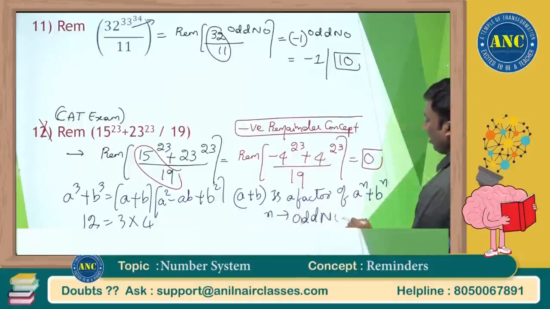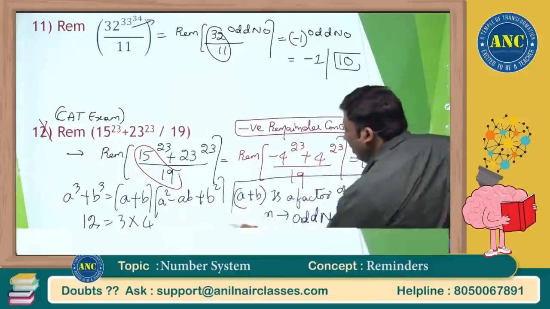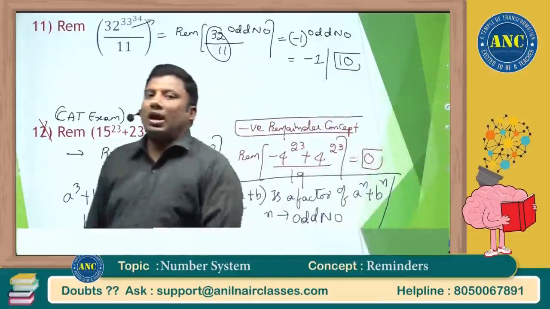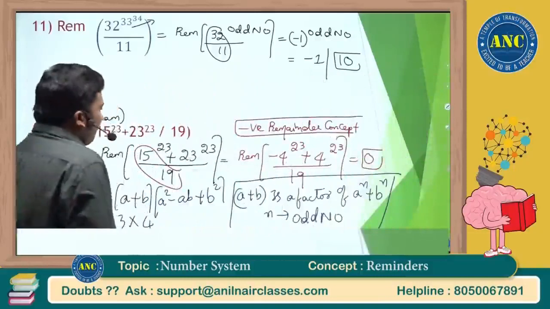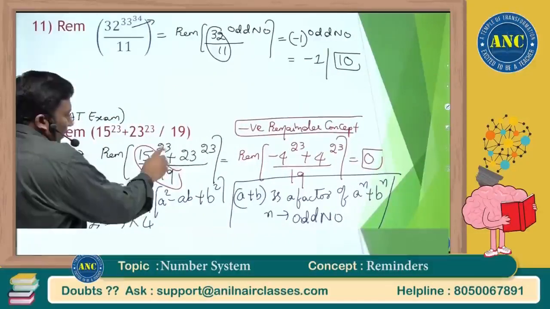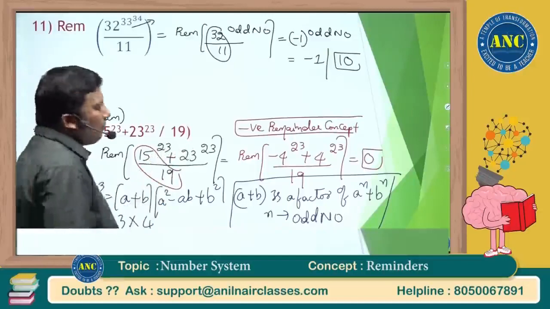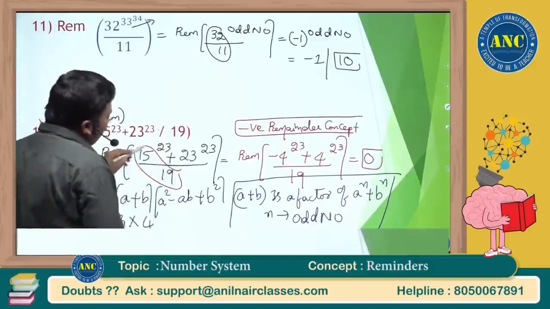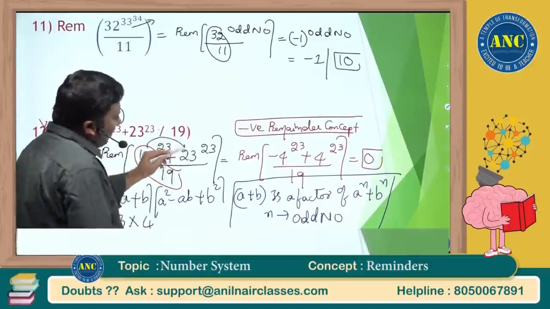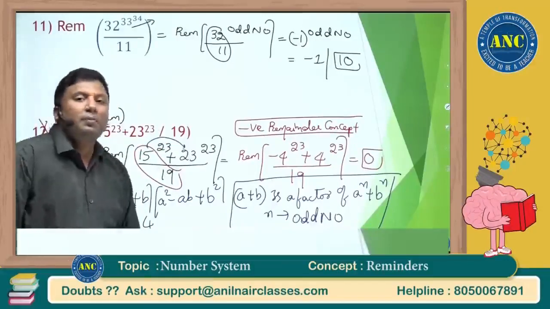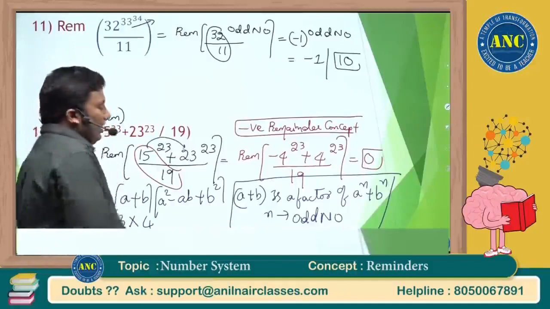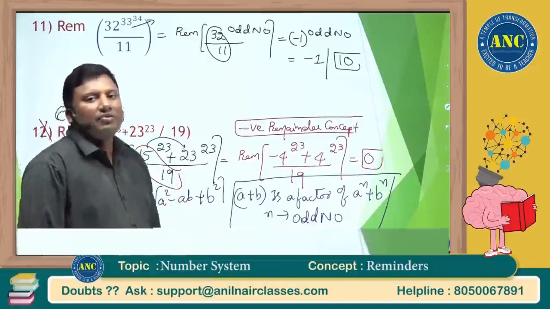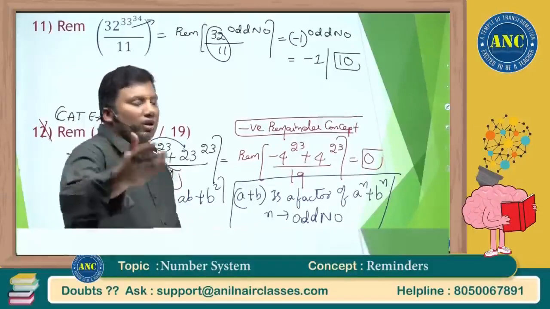Here the power value is 23, an odd number, so it is divisible by A plus B. 15 plus 23 is 38. Is 38 divisible by 19? Definitely yes. 38 is 2 into 19.